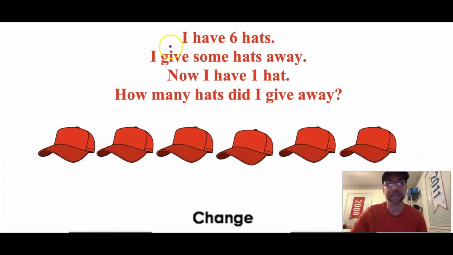Here's our last story. I have 6 hats. I give some hats away. Now I have 1 hat. How many hats did I give away? Let's see if we can fill out our start, change, end. The start is always the beginning of my story. I have 6 hats.